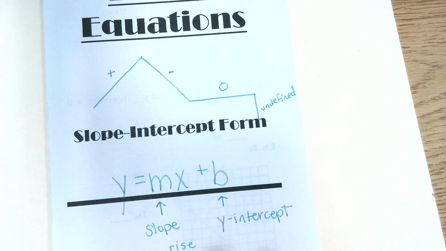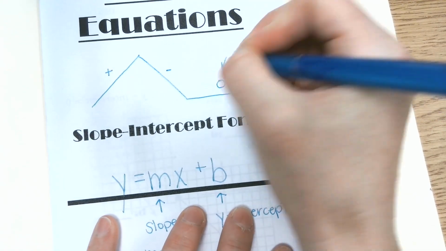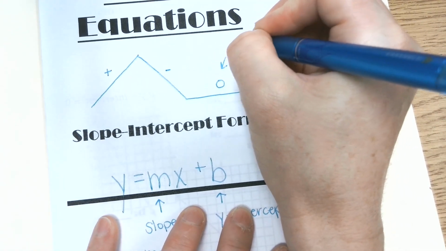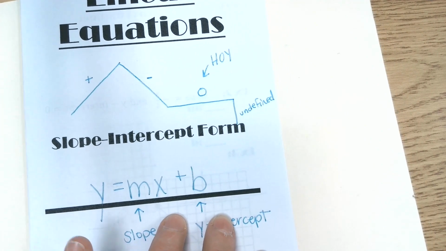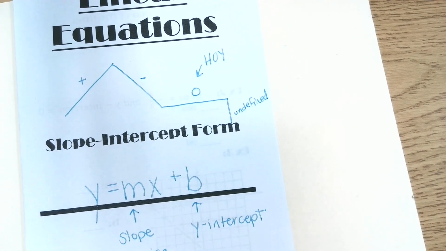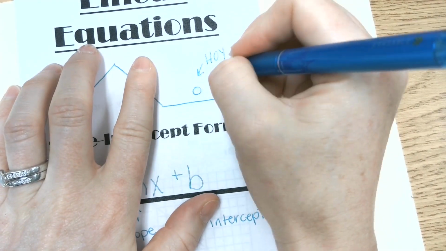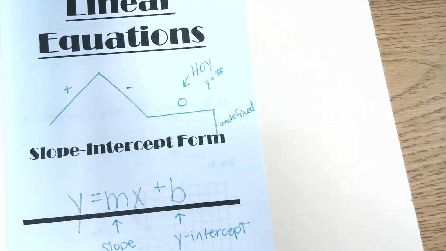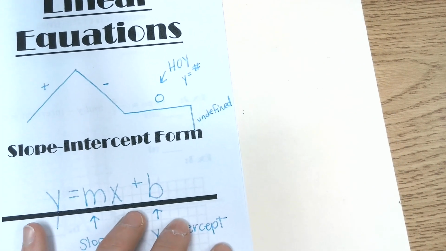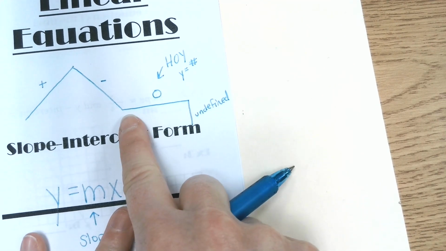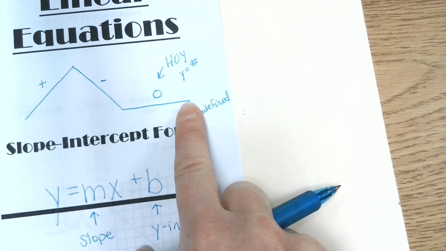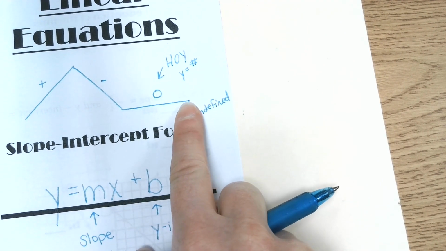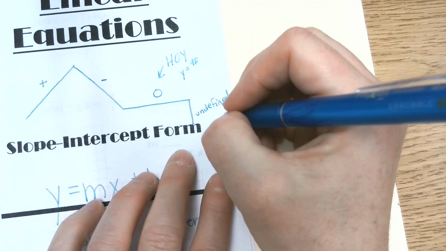We also talked about the other day Hoy and Vux. So this is Hoy. It would be written as just y equals a number. It's not y equals mx plus b because your slope is 0. So it'd be y equals 0x plus b. So a horizontal line is just going to have y equals a number. A vertical line is Vux.